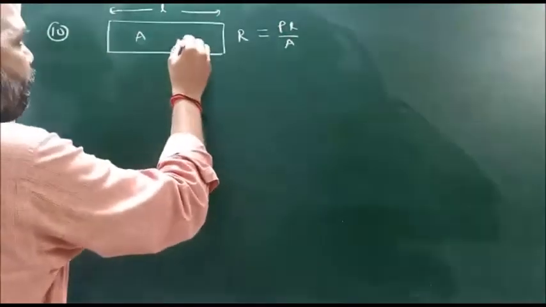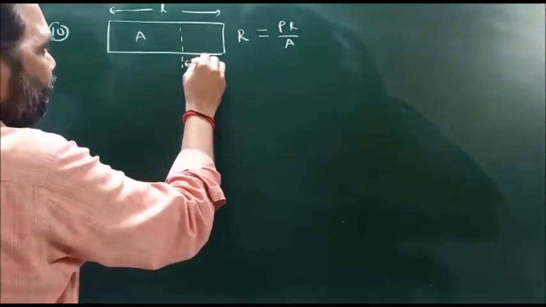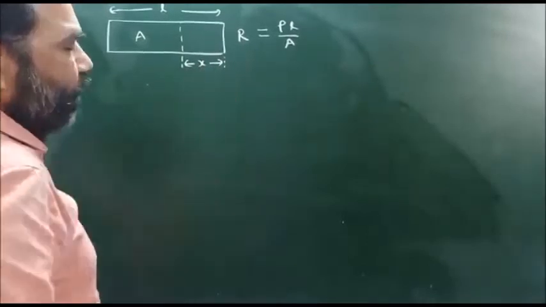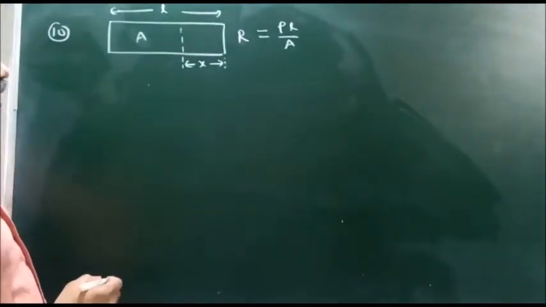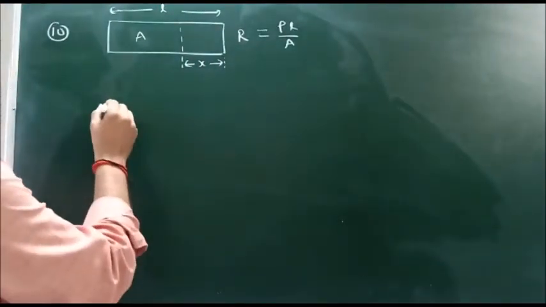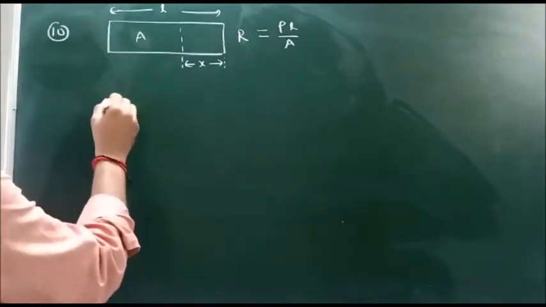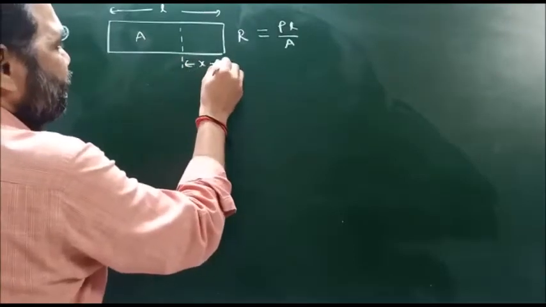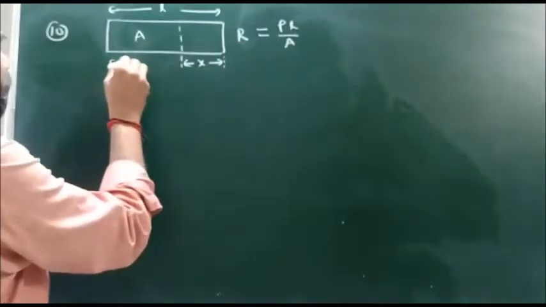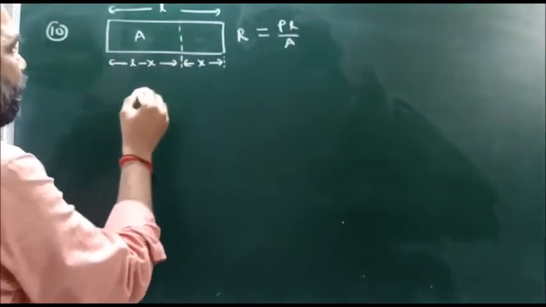Now, for some part of this wire, let its length be X. Now, the X length part of the wire is stretched such that the total length of the wire becomes 1.5 L. In this case, only this X length of the wire was stretched and the remaining part was unstretched.